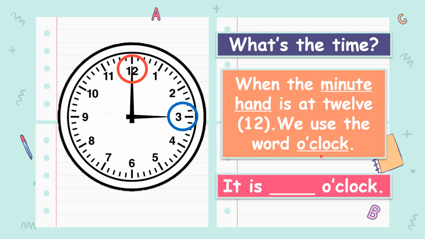Okay, for example, it is what? O'clock. Then the hour hand, the short needle, shows 3. So the answer is, it is 3 o'clock.